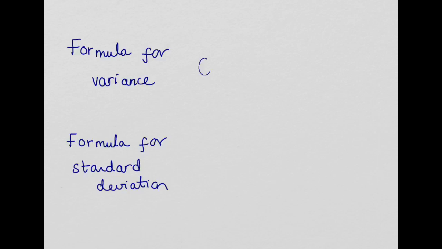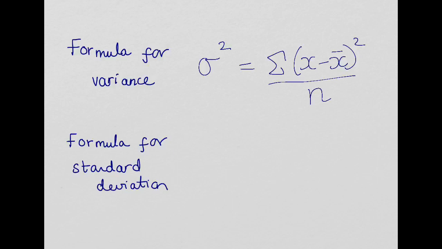So the formula for variance, little sigma squared, is the sum of the squares of the differences, and then take the mean of that. This bit here is the difference between each value and the mean. Square it to get rid of the negative sign, sum it up and take the mean of it, and that gives you the variance. The standard deviation is simply the square root of that.